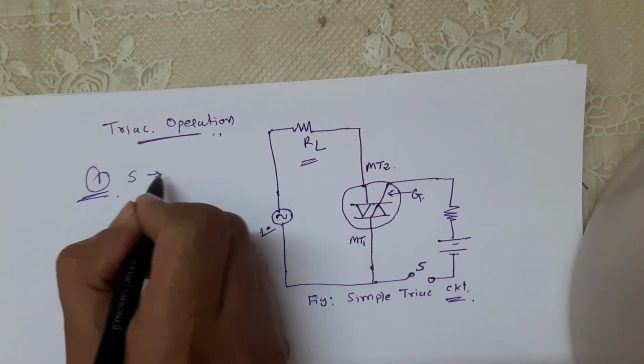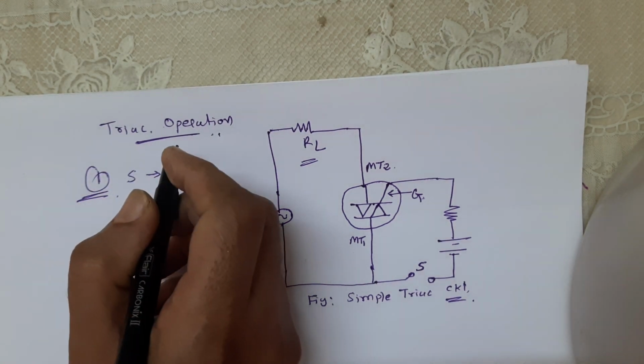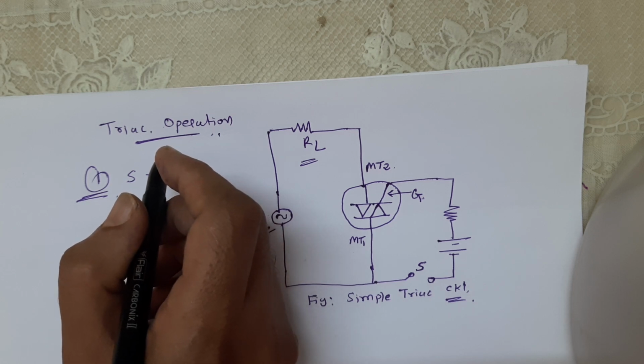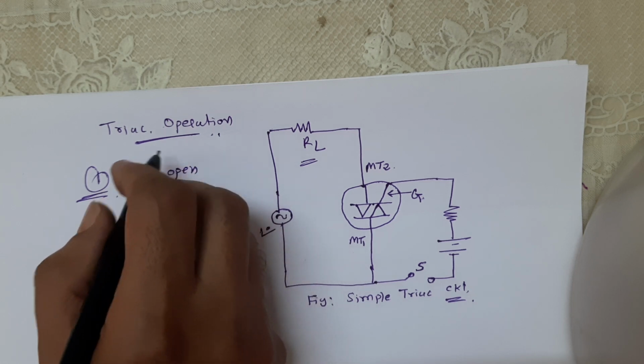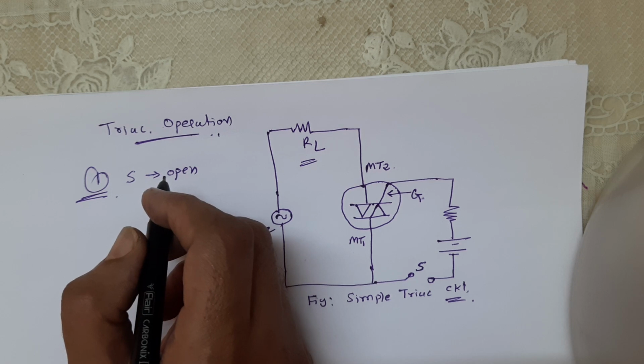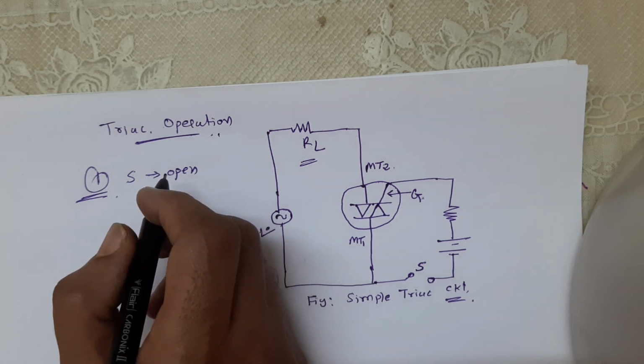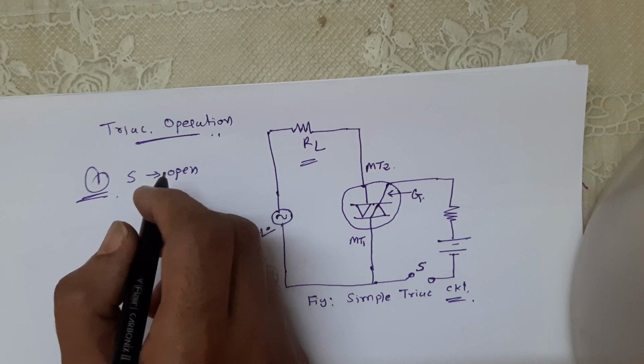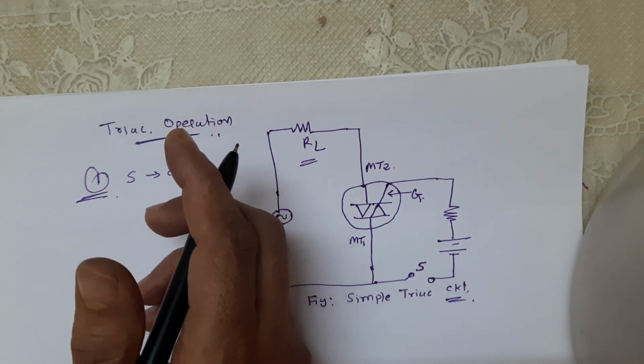When switch S is open, there will be no gate current and the triac is cut off. Even with no gate current, the triac can be turned on provided the supply voltage becomes equal to the breakover voltage of the triac. However, the normal way to turn on a triac is by introducing a proper gate current. Same as what we discussed in the SCR, slightly different.